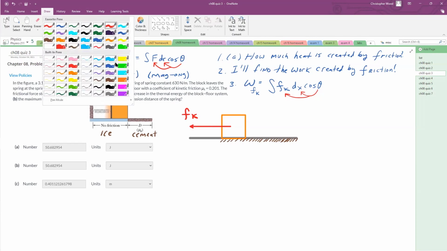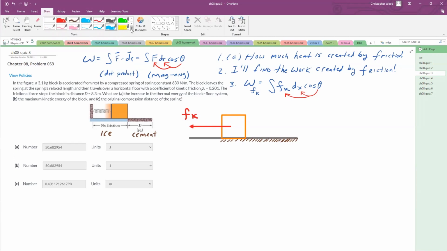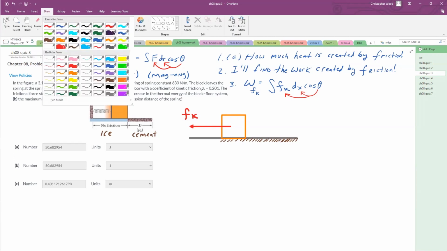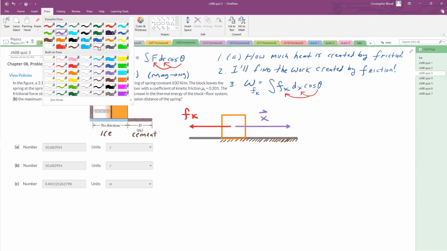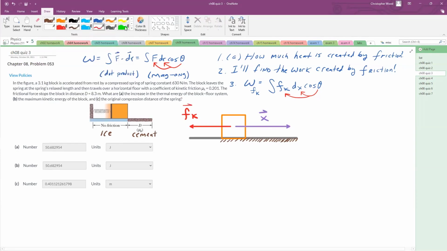You launch it. It comes screeching out of this launcher going to the right. So this is my displacement vector. This is my force vector. You can see the angle between those two vectors is theta equals 180 degrees.